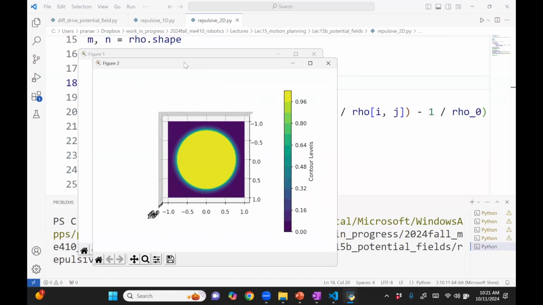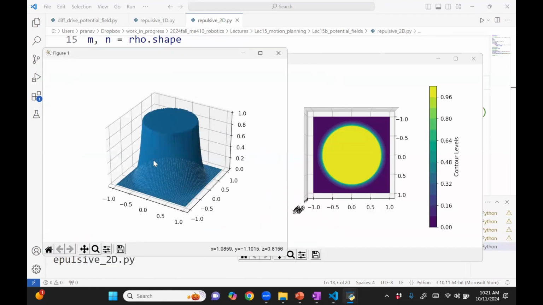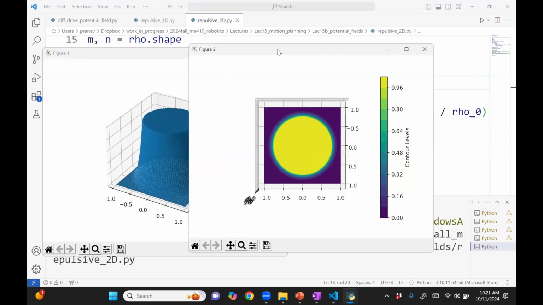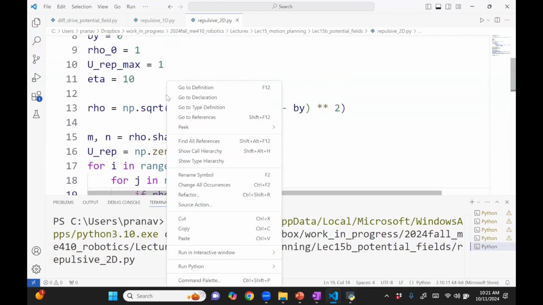Okay, there are two plots. The first one is a 3D view, and this one is the contour plot. It's like if you took slices at different heights of u and projected them on the 2D plane, this is what you'll see. The yellow means very high potential, and 0 means low potential. Clearly it's 0 in most places where you don't want the field to act, but as you hit this radius, what's the radius?